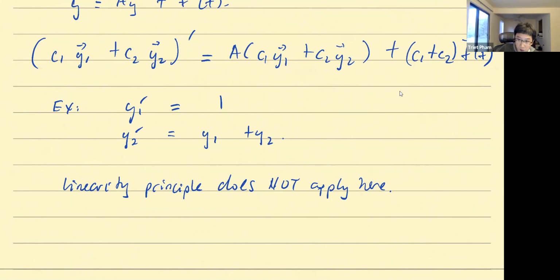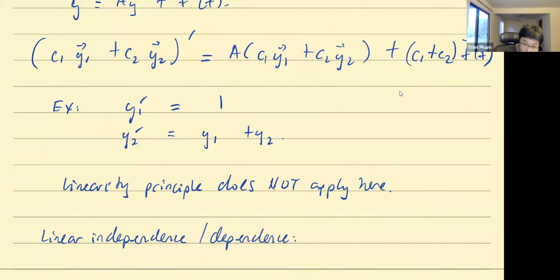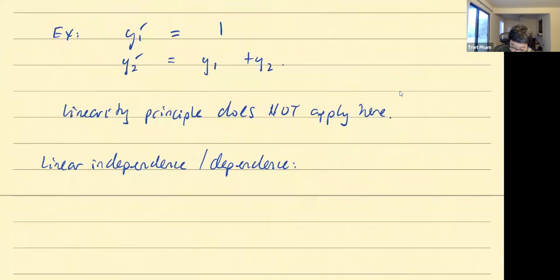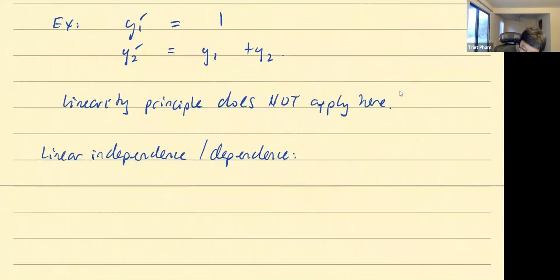Okay, so now maybe this is time to review linear independence and dependence. It's a very general fact, so I'll just write it like this. A collection of vectors y1, y2, up to yp, and let's say these are all in Rn.